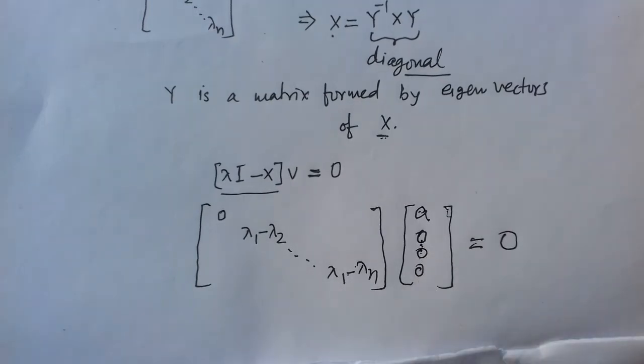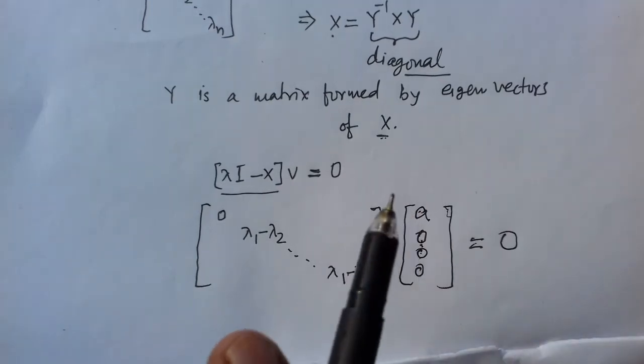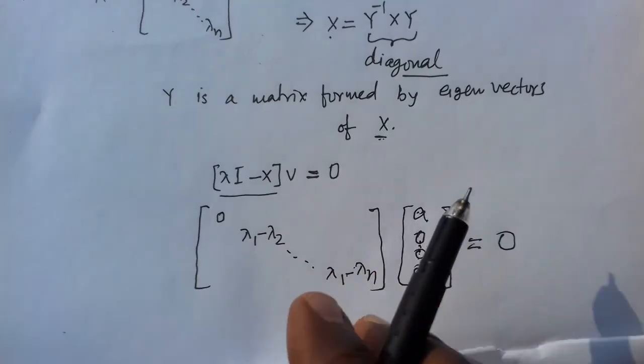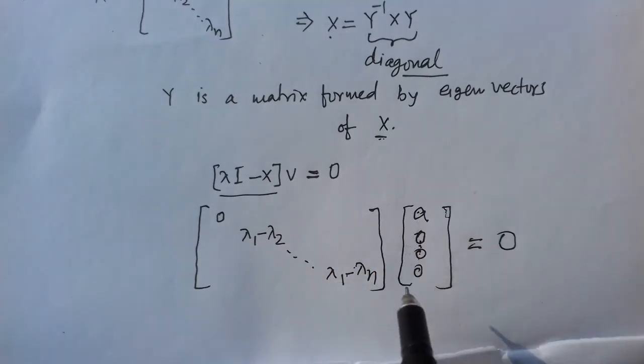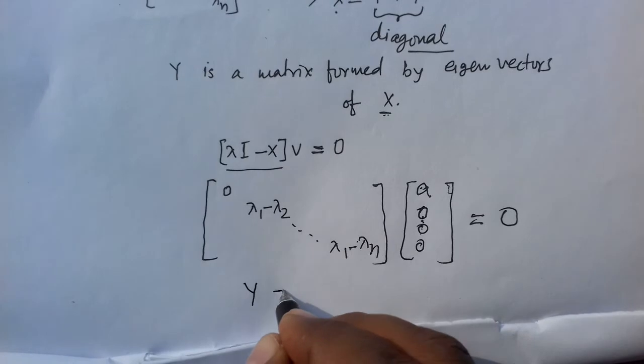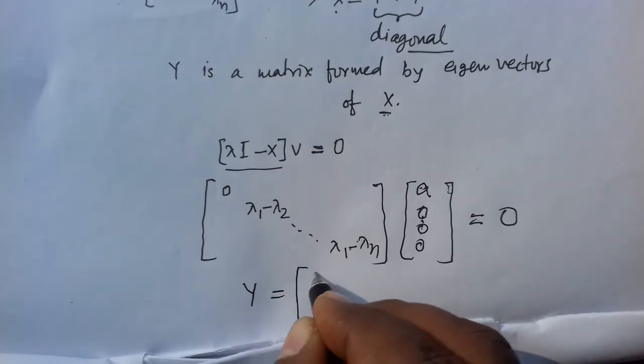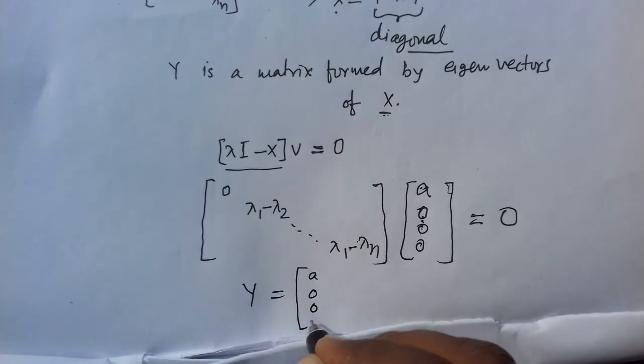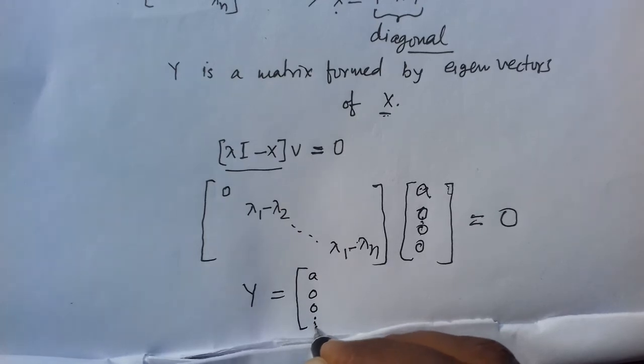So similarly we get a matrix, and Y will be, with first column a, 0, 0, up to 0.